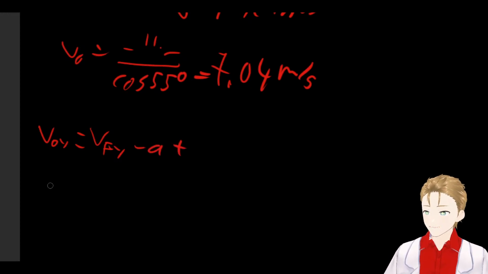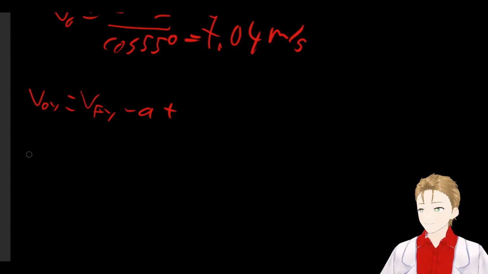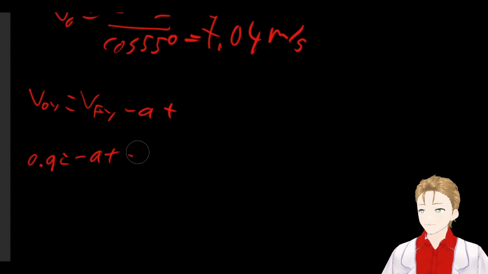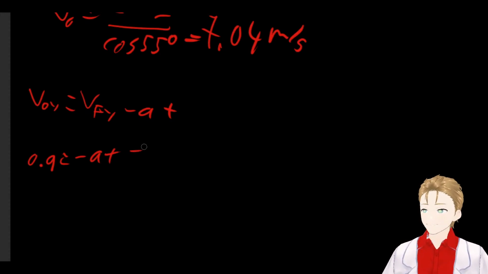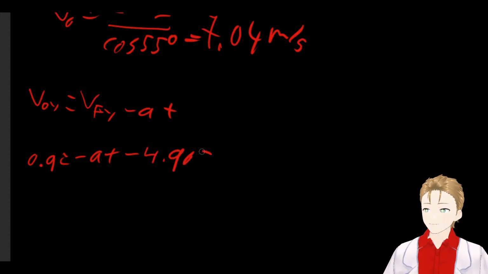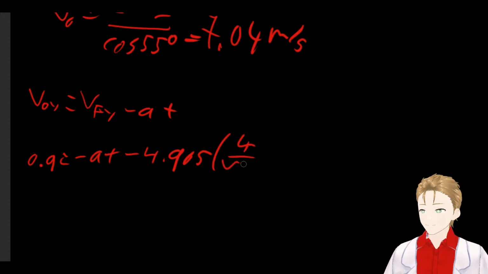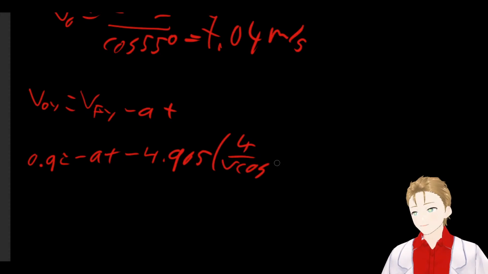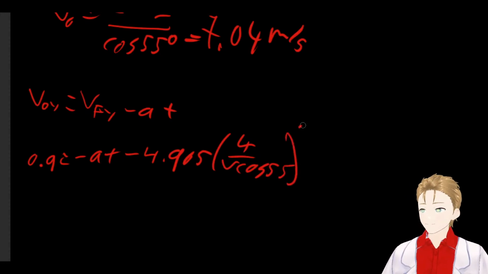So when I did this 0.9, we have, well, it is negative 80 plus, wait, minus, no, minus, plus, minus 4.905 over V cosine 55 squared.